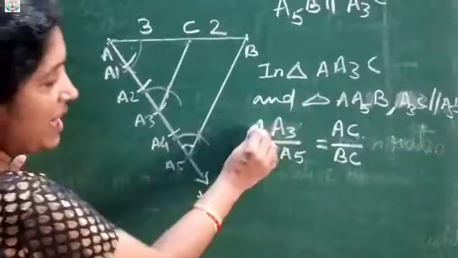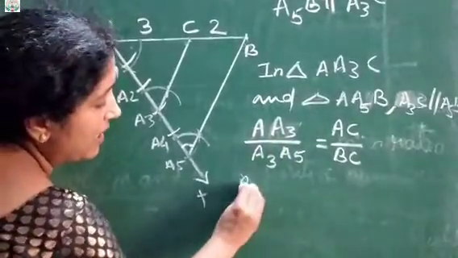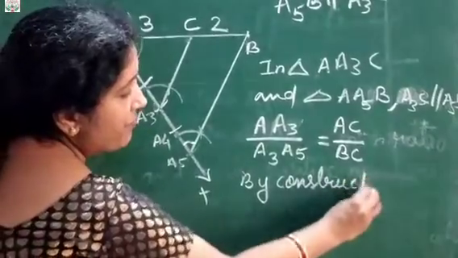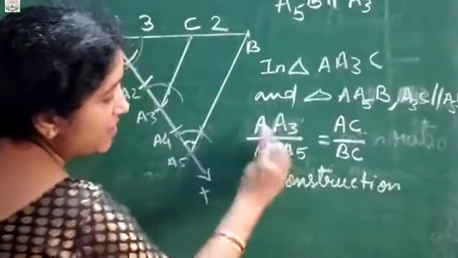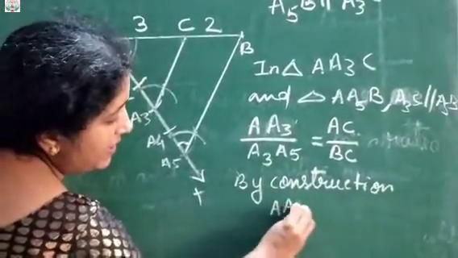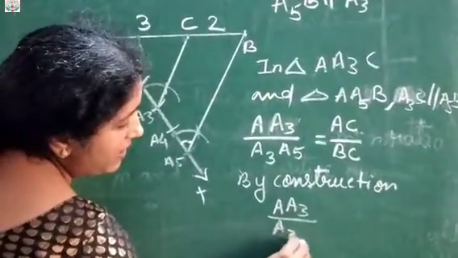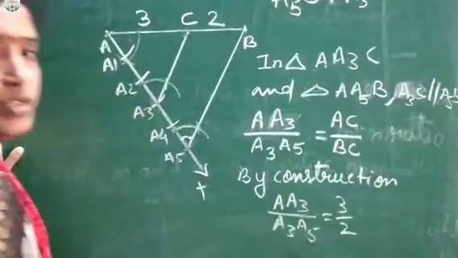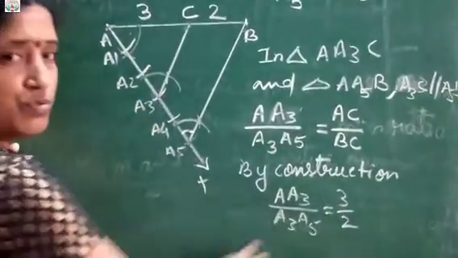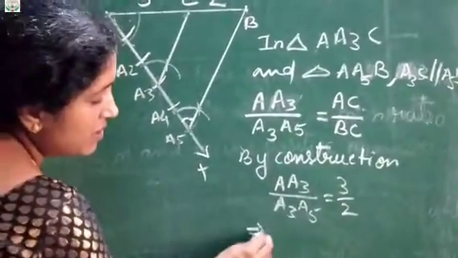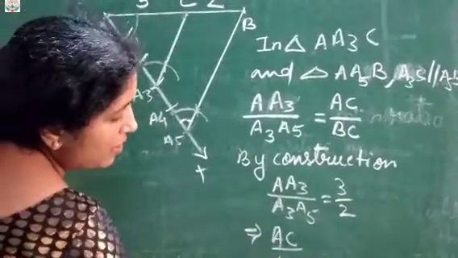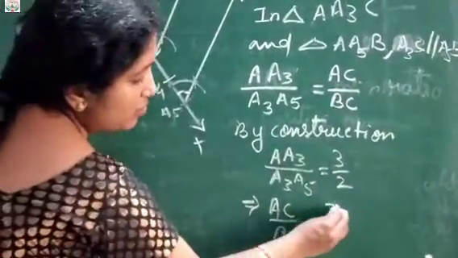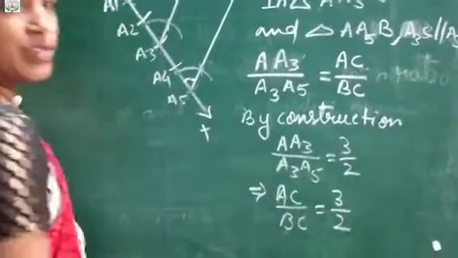And we have done according to construction. By construction we can write, A3 upon A3A5 equals to what? 3:2 ratio, which implies what? AC upon BC, that is AC ratio BC equals 3:2.